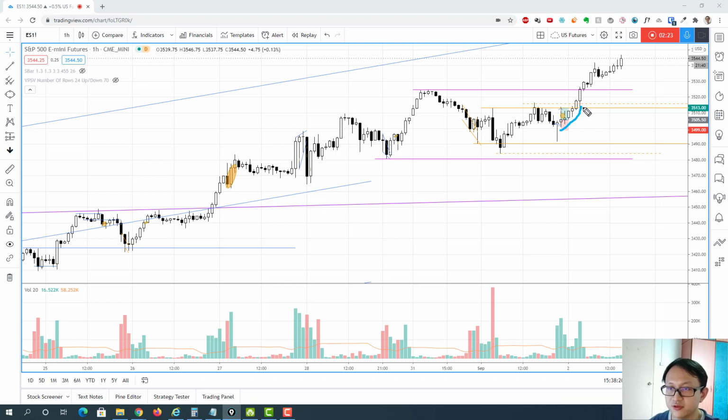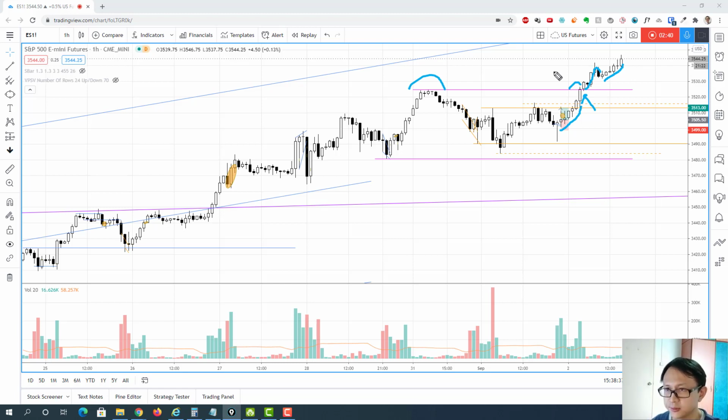This is a relatively good rally, going all the way and closing near the swing high resistance here. During the Asian session today, we have seen the continuation of the rally, a slight pullback, and continuation to go up.